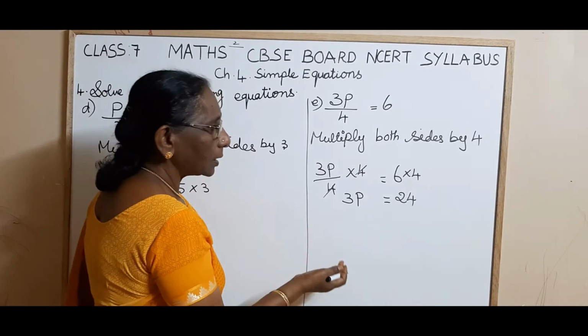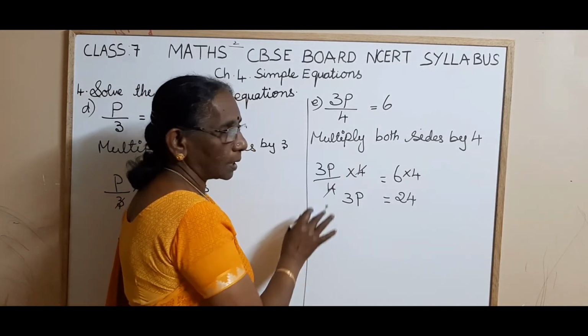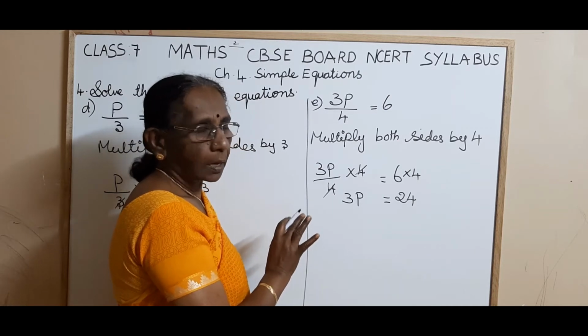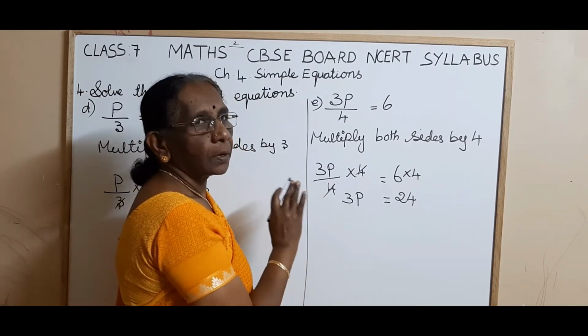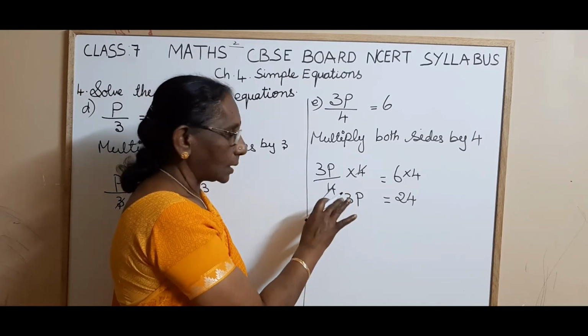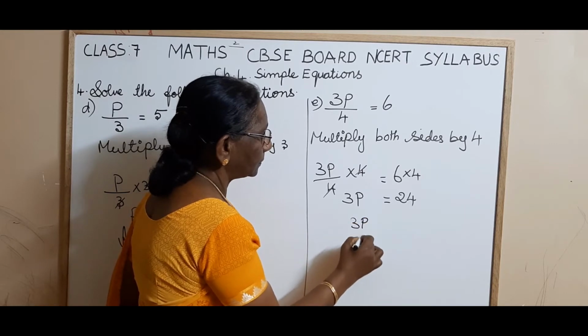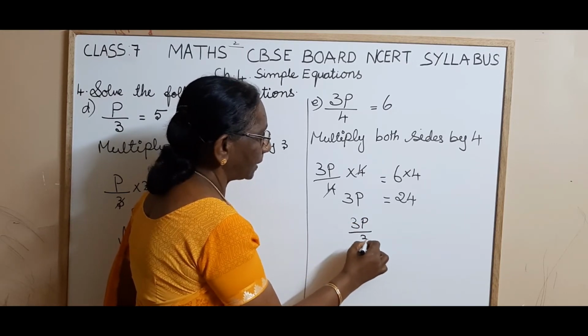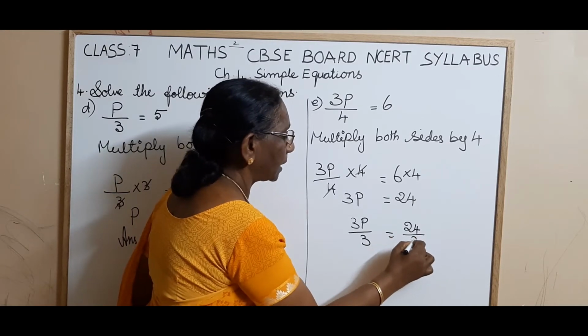If you don't want to, you can leave that step and straight away write 3p divided by 3 is equal to 24 by 3.